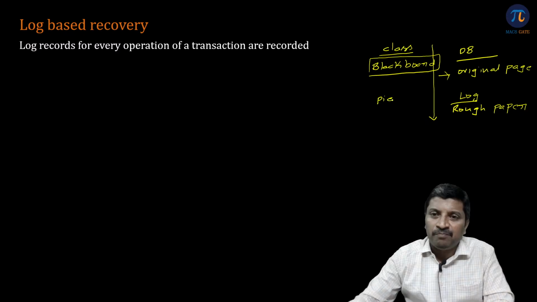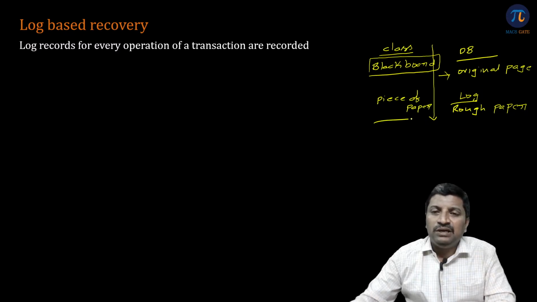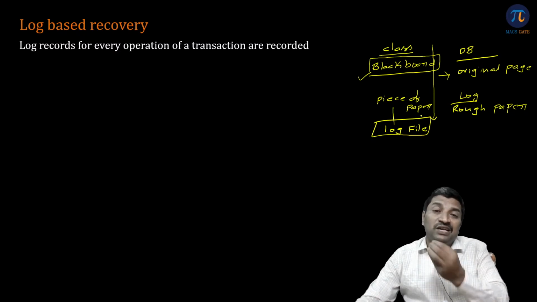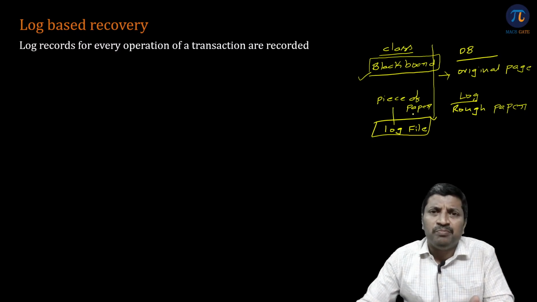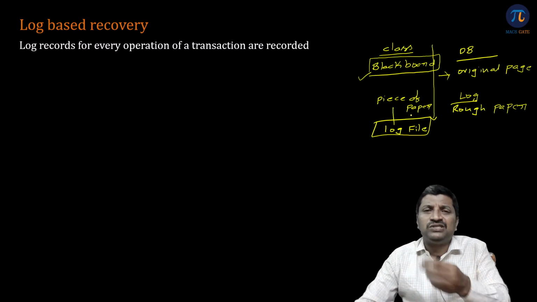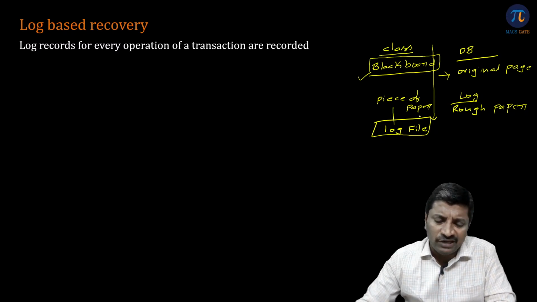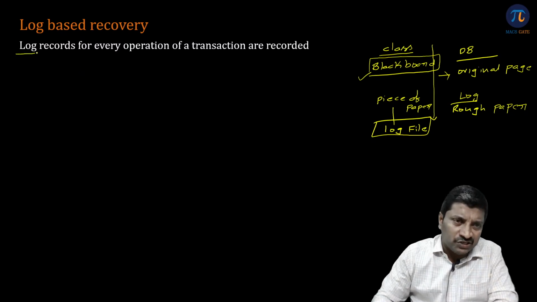If everything goes smoothly, then they will start work on the blackboard. That's it. So this is called the log file, where you are doing the experiment. If something unexpected happens, there is no problem because it is rough work and no one is seeing it. So we don't have any loss, right? That is the story of log records.